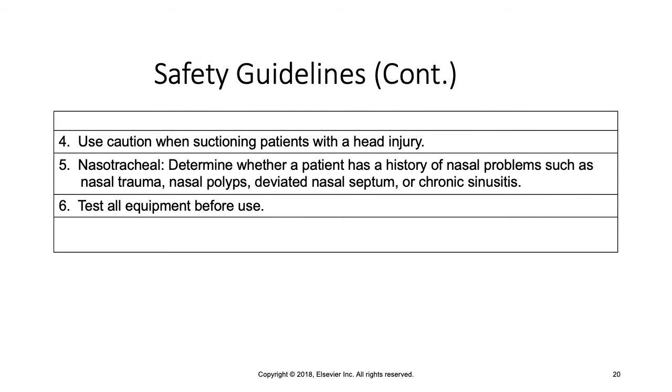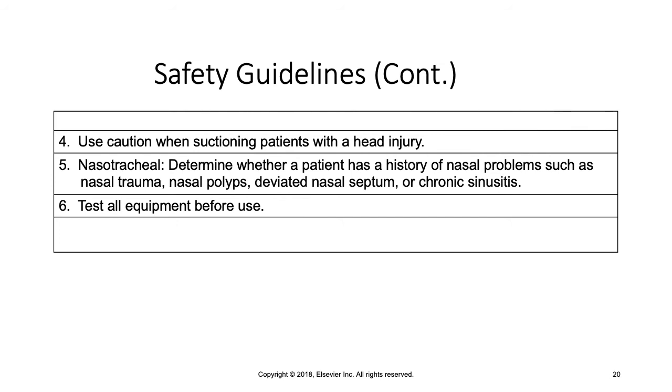This will induce hypocarbia, which causes vasoconstriction, and that in turn will decrease the risk of increased intracranial pressure. If you work in an area where you get a lot of trauma patients or ICU, you'll learn more about this hyperventilating the patients with head injuries.